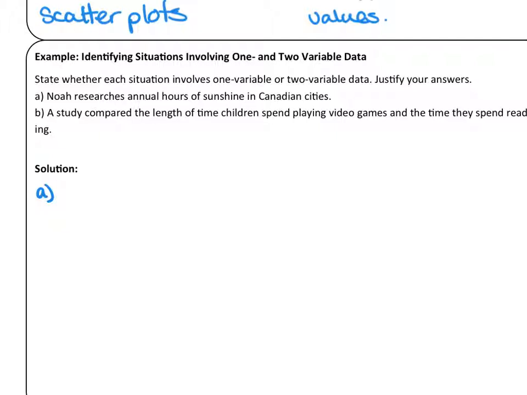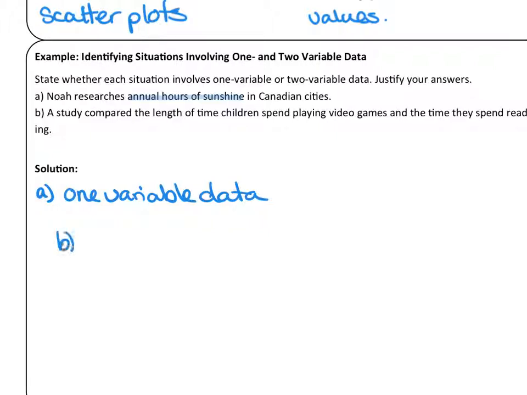If you look at this, there is really only one thing that can be measured, and that is annual hours of sunshine. So when I see only one thing that can be measured, I would think that this is one variable data. Nothing else can be measured in that situation.